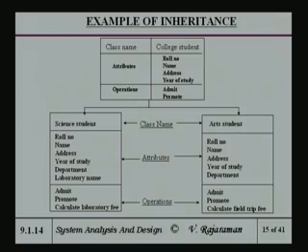So if I just give an order, calculate fee, then based on the specialized rules for the inherited class, it will actually do the work which is assigned for that.